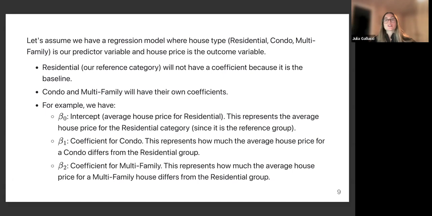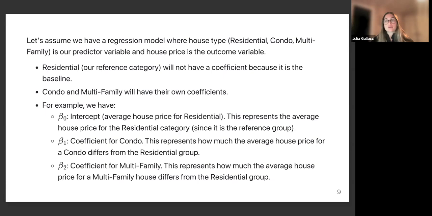The reference category does not have its own beta coefficient, but it serves as the baseline. So our equation, as we saw in the class prior, would have beta naught representing the intercept, plus beta 1 representing condos, and beta 2 representing multifamily homes.